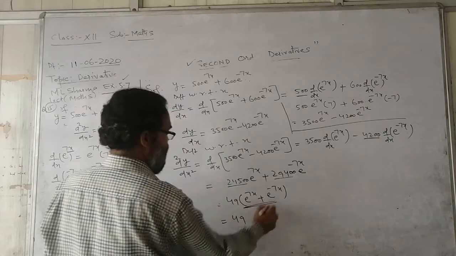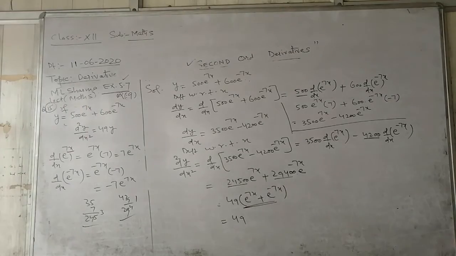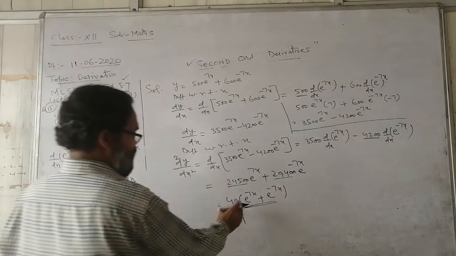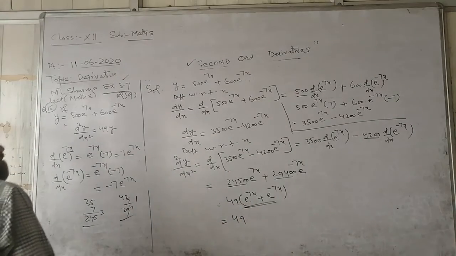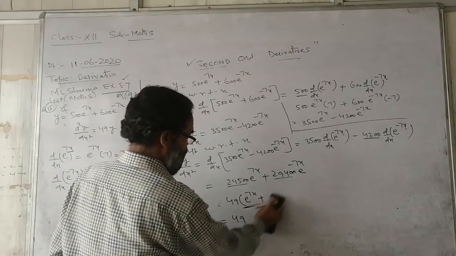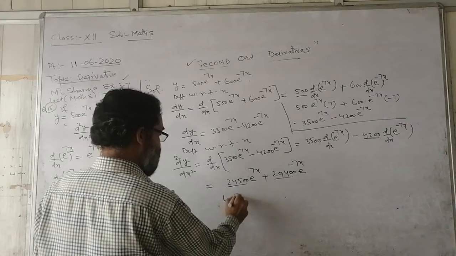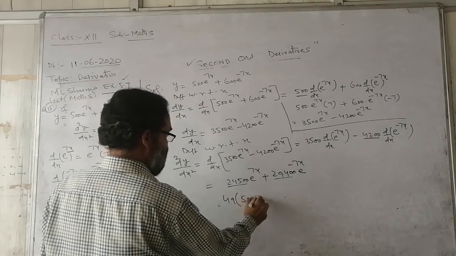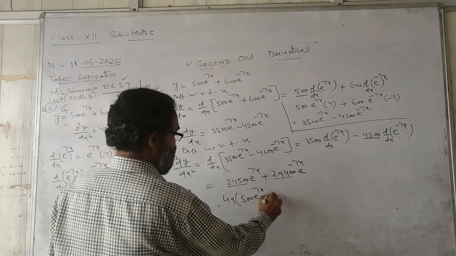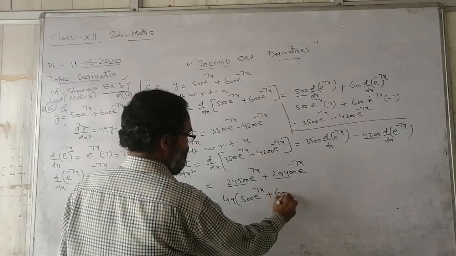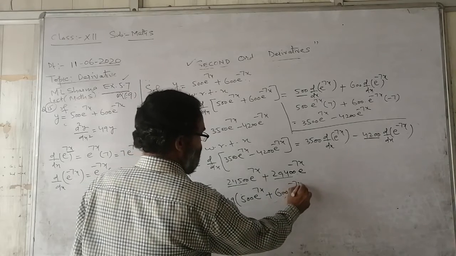So if I take 49 outside, inside I will have 500 times e raised to power 7x and here 600 e raised to power minus 7x.